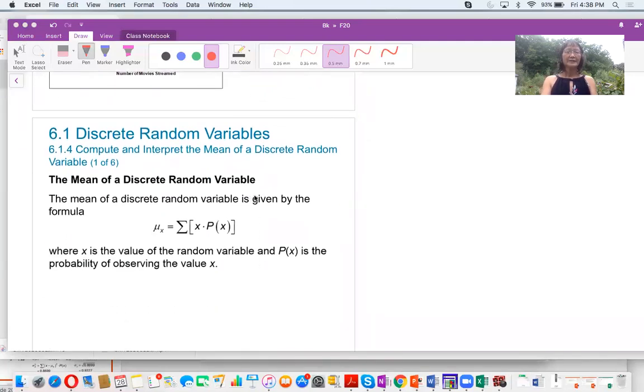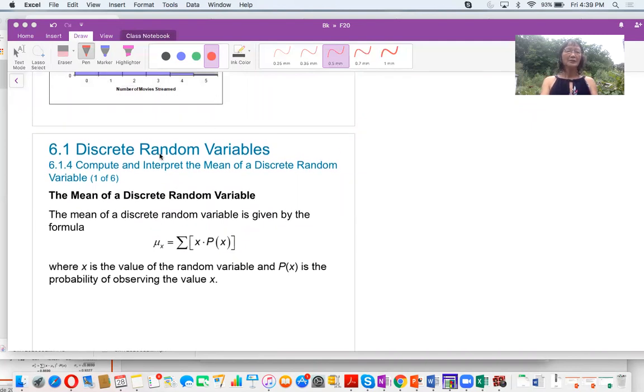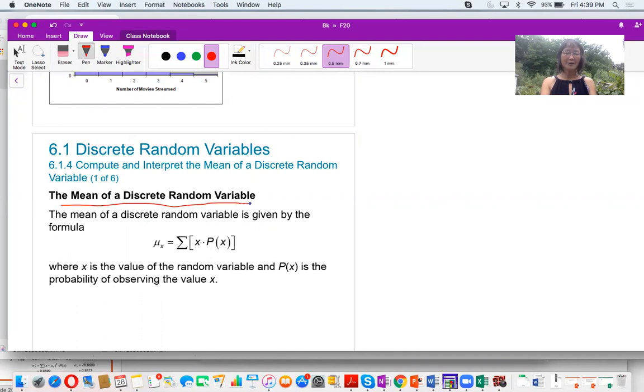Okay. Now we'll talk about the mean of a discrete random variable. It is based on this formula. We use mu x to represent the mean of a discrete random variable.